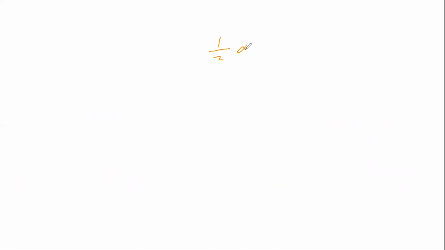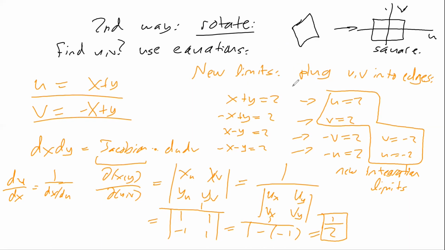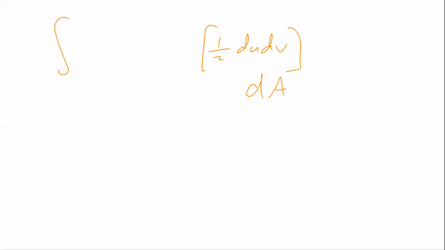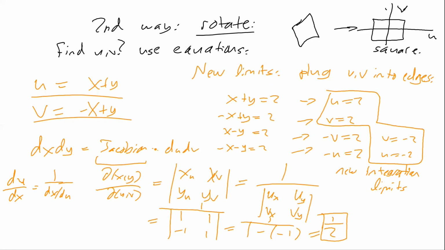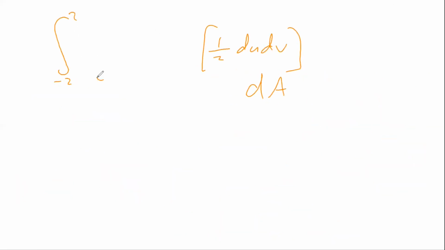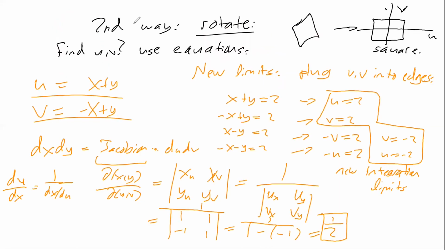So 1/2 du dv, that's our dA. So now we just have our limits. Our limits will go from -2 to 2, right? So -2 to 2, -2 to 2, and all right, now we just need our integrand.